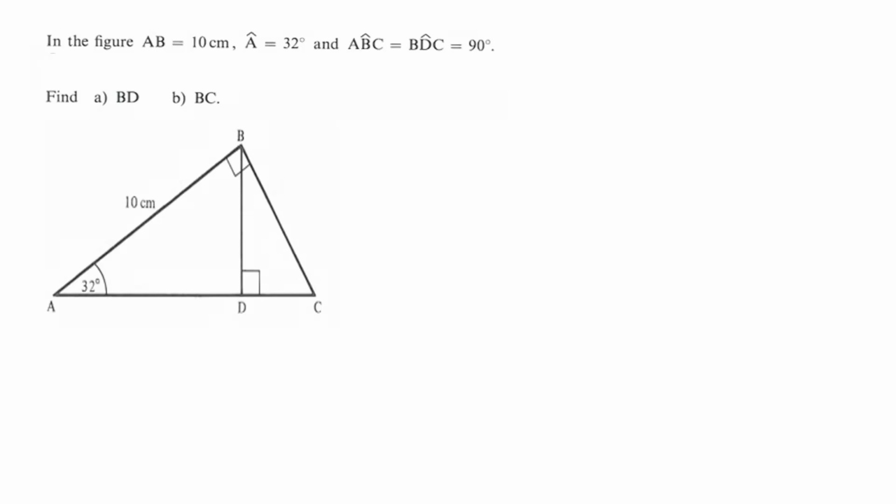The first part is BD. Only two values are given, the side 10 centimeter and 32 degrees. By using those, we need to find the best primary trigonometric function. The best option is sine.